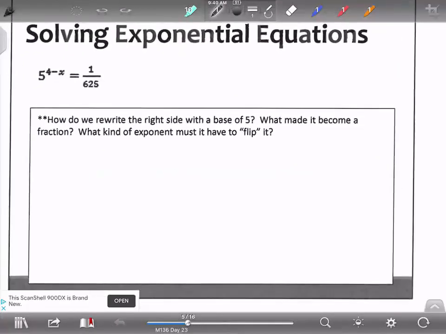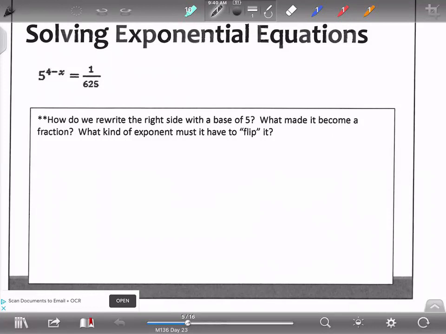All right. The next unusual scenario that happens is when we have a fraction. So we need to rewrite the right side to have a base of 5. The first thing I want you to figure out is 5 to the what power gives us that 625.